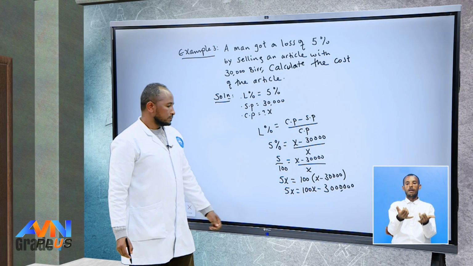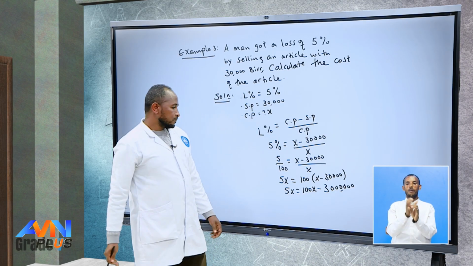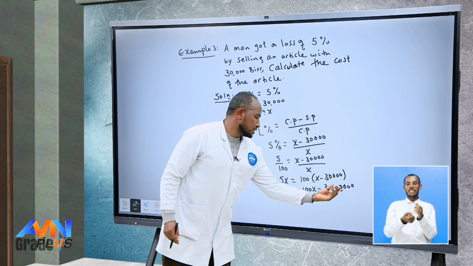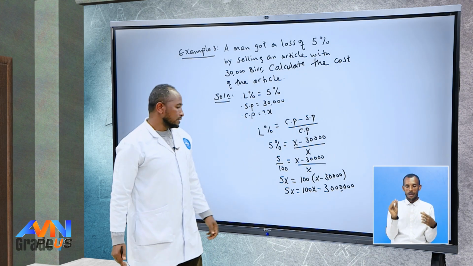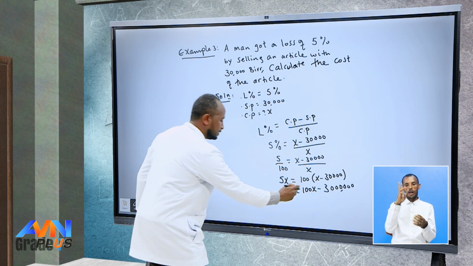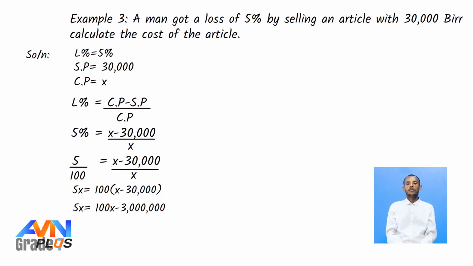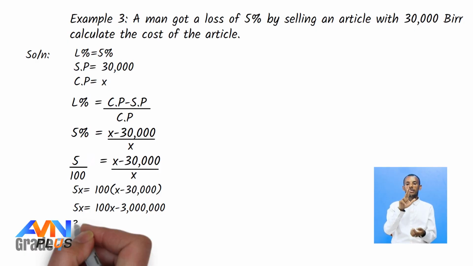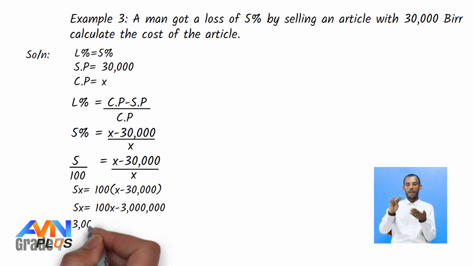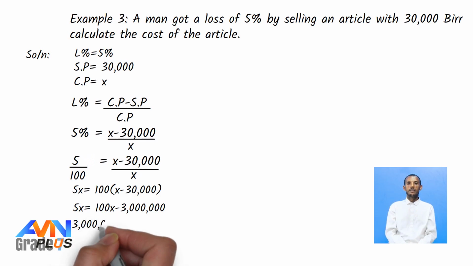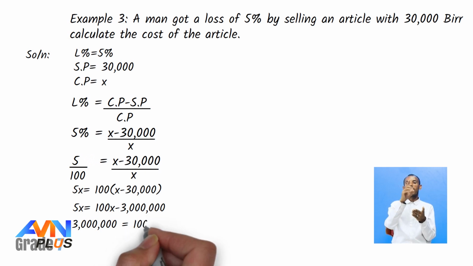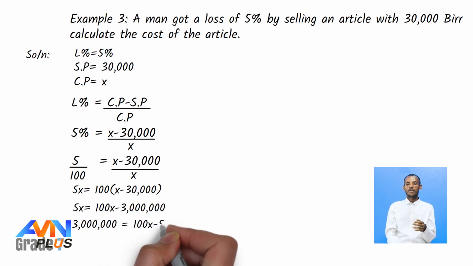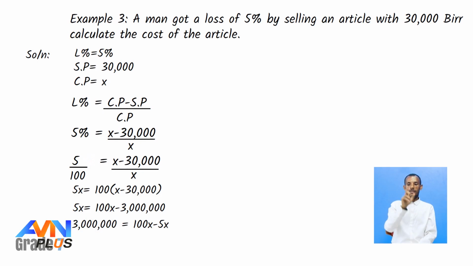Now, to calculate this, just shift the 3 million to the left and 5x to the other side. So you will have 3 million is equal to 100x minus 5x.